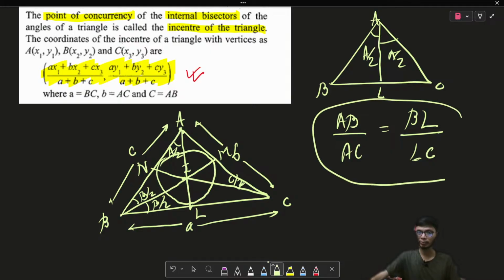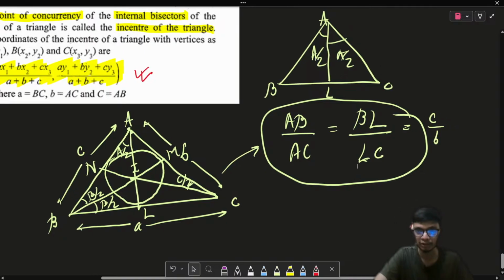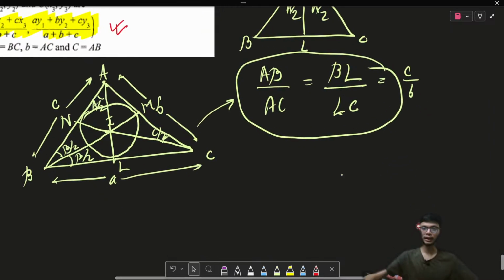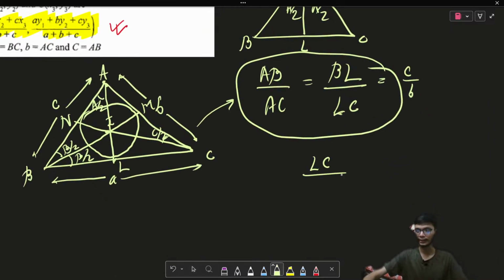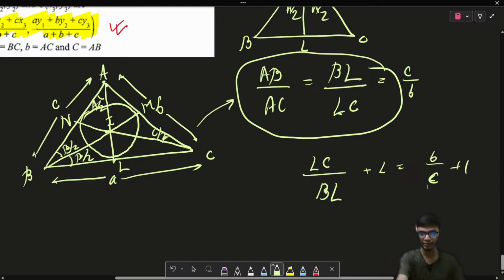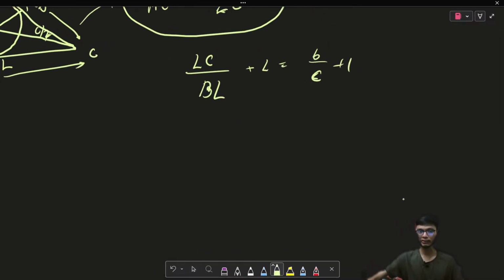This is a very important formula that we will use in our solution. So that equals c upon b, that is, BL by LC is equal to c upon b. From here we get the ratio. Now, from this relation I modify the result: LC upon BL plus 1 is equal to b upon c plus 1, and this result can be further modified.